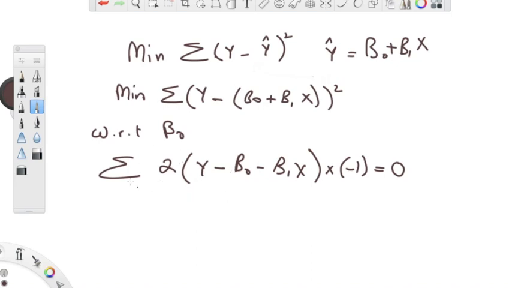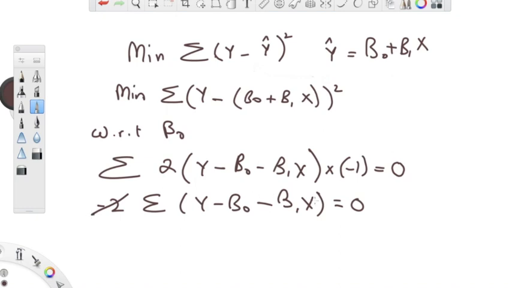And recall from our previous sessions that we've had together that constants can be taken out of the summation sign, and you're left with summation y minus b naught minus beta 1x is equal to 0. This beta is lost, so you don't need this.